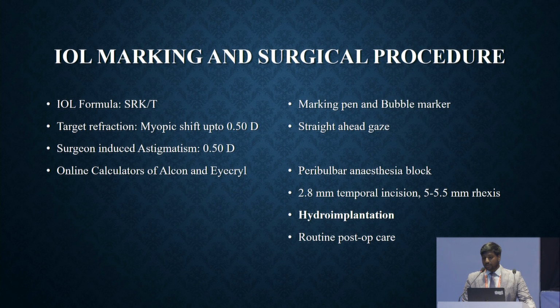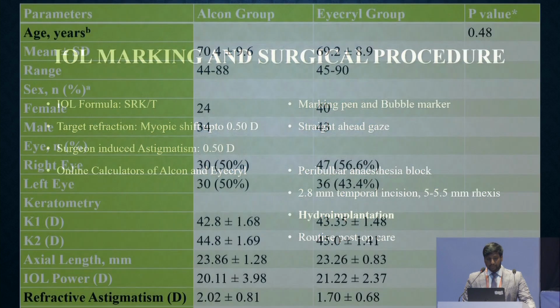Coming to the surgical procedure, a marking pen and bubble marker were used in a straight-head gaze to prevent cyclotorsion. All patients routinely received a peribulbar anesthesia block, a 2.5 to 2.8 mm temporal incision, 5.5 mm rhexis, and hydroimplantation was used as retained OVD is a cause for post-op instability, and routine post-op care was given.